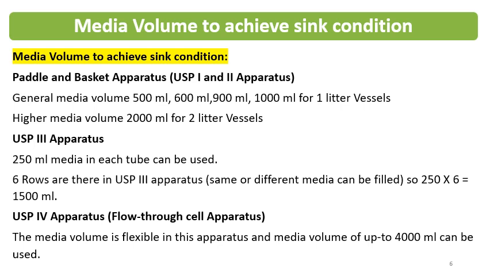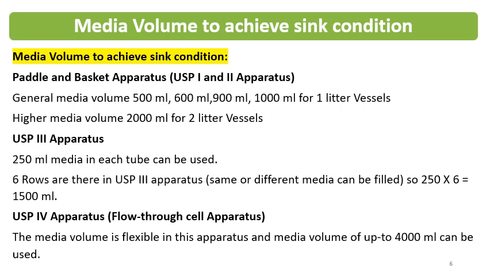Then you can go for USP3 apparatus where 250 ml media can be used in each tube, and there are 6 such tubes. So 250 ml each tube will give you the total media of 1500 ml.